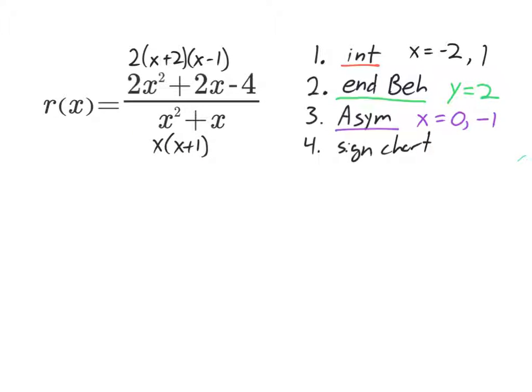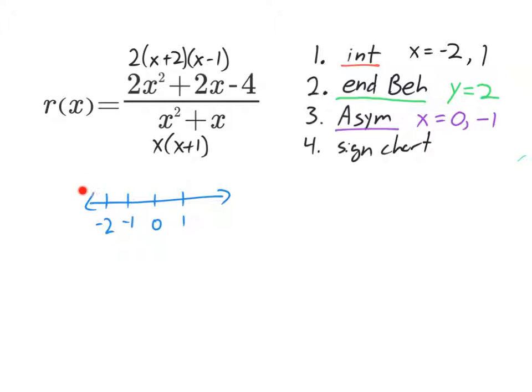And now let's do the sign chart. So I'm going to make a sign chart. And what goes on the sign chart are all my zeros and my asymptotes. So we have an intercept at negative 2 and at 1, and then an asymptote at negative 1 and at 0. Now I just plug in points. So I'm going to plug in negative 3.